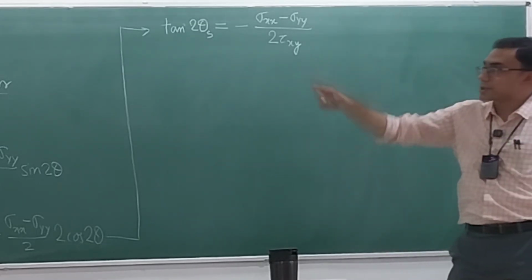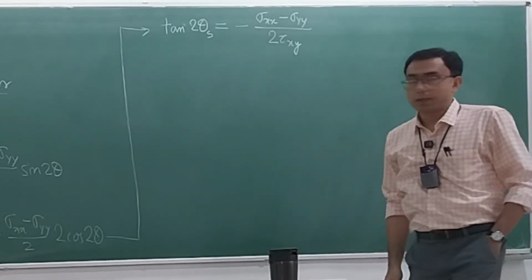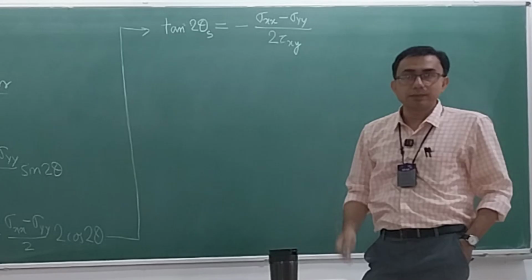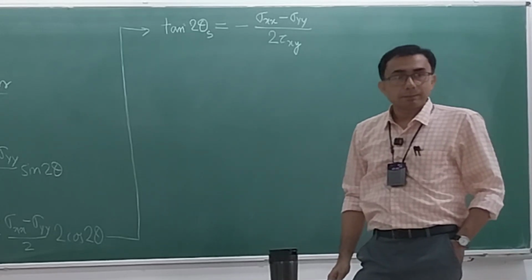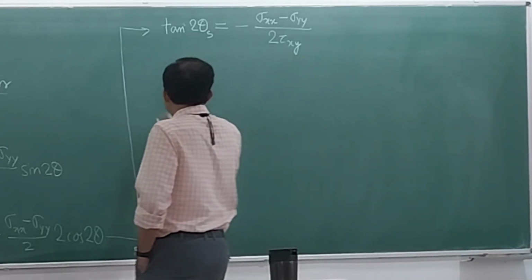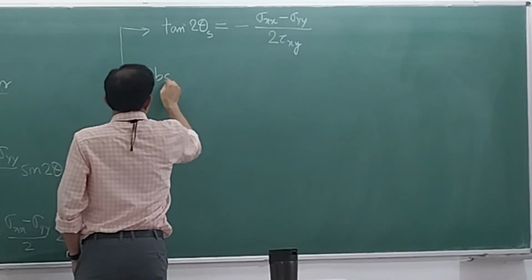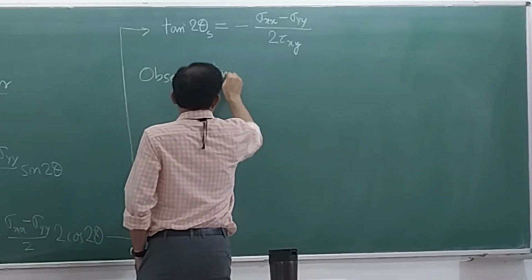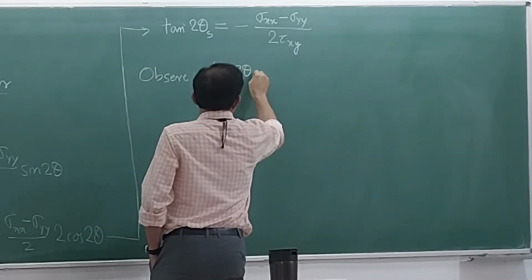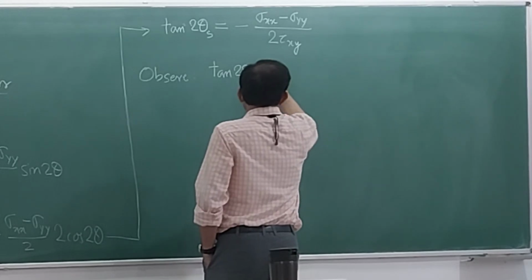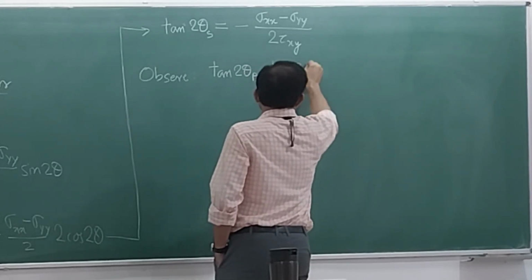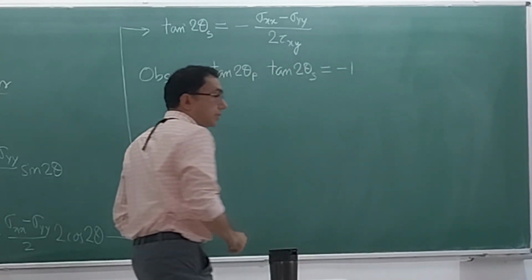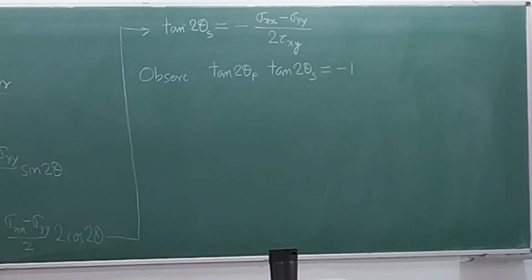If you look at the expression of tan 2 theta P and this tan 2 theta S, if you multiply them together, what is the result? Minus 1. Okay. So it is minus 1.